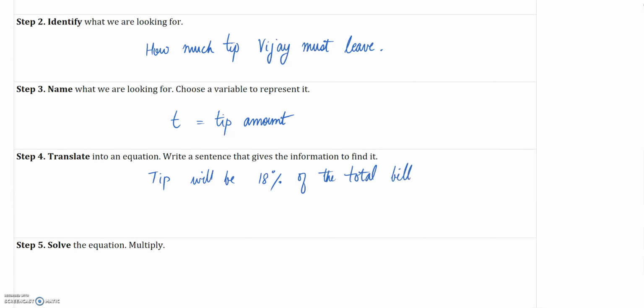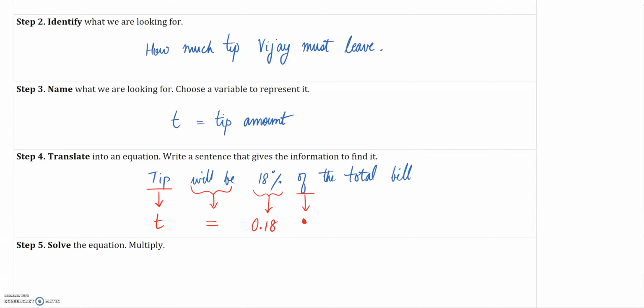Now I'm going to translate this word by word. The tip is, we don't know what that is, but we have assigned a letter to it, T. Remember, is, was, will be, they all mean equals. 18% converted to decimal, so that's 0.18. Again, put a 0 in front of the point, so we know you did intend it.